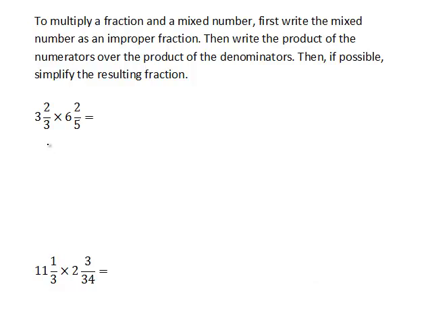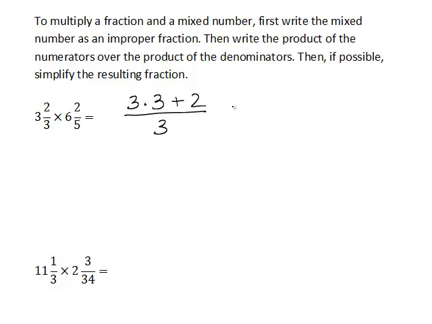3 2/3, to find the improper fraction, we take 3 and multiply it by the denominator here, 3, that's 9, plus 2. So 3 multiplied by 3 plus 2, and we put that over the original denominator, 3. There's our first improper fraction.